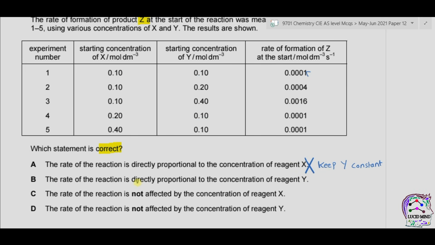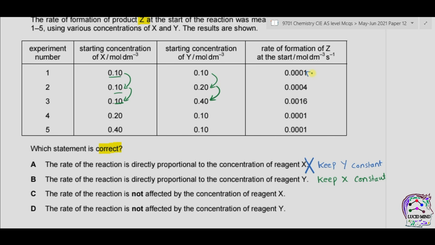Part B, the rate of reaction is directly proportional to the concentration of reagent Y. Now in order to study this, we have to keep the concentration of X constant and only Y should increase. We have all three constants in 1, 2, 3, and the concentration of Y increases from first to second. We have doubled, then again it is doubled.